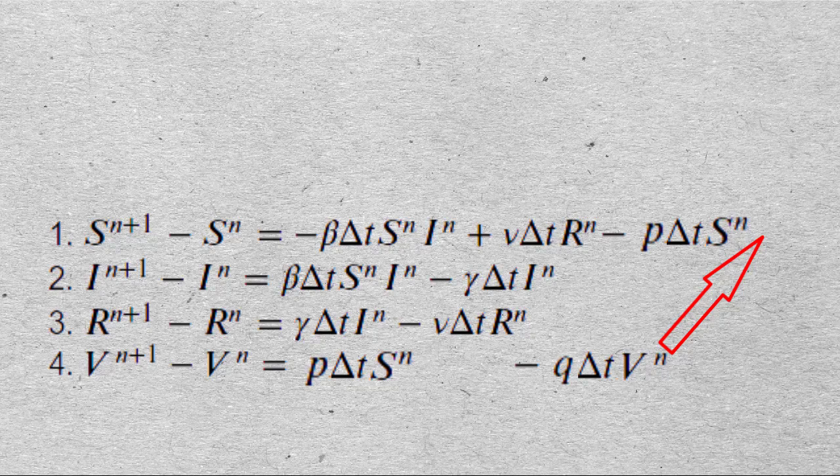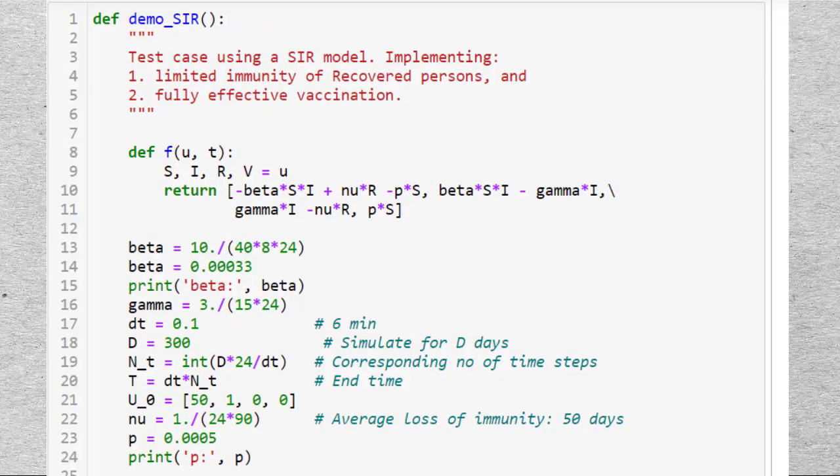Such an expression would model the reduced effectiveness of the vaccine. But for now, let's make the code changes assuming a 100% effective vaccine. We'll revise our function's docstring to indicate limited immunity as well as a fully effective vaccine.